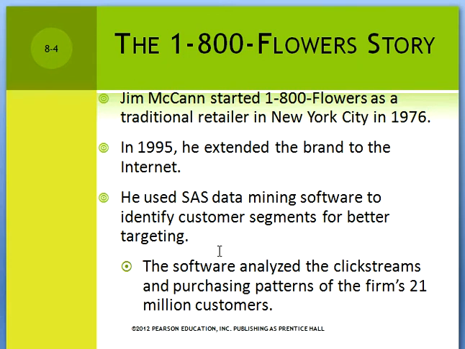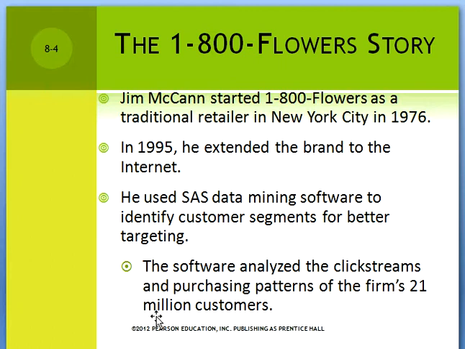So for example, if the company wanted to see who are the customers who for the last 3 years have been ordering on a regular basis, then from their 21 million customers, this SAS data mining software will pick up all of those, and then they will target them based on their usage. They will probably offer them some kind of incentives so that they stick with them as loyal customers.